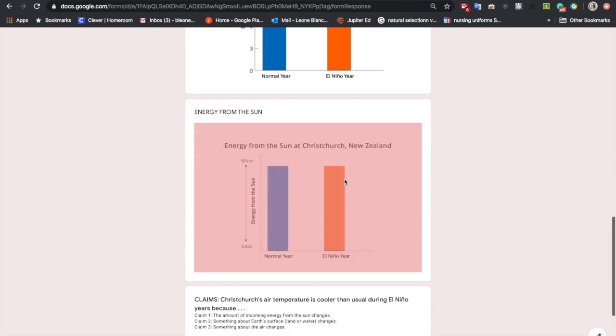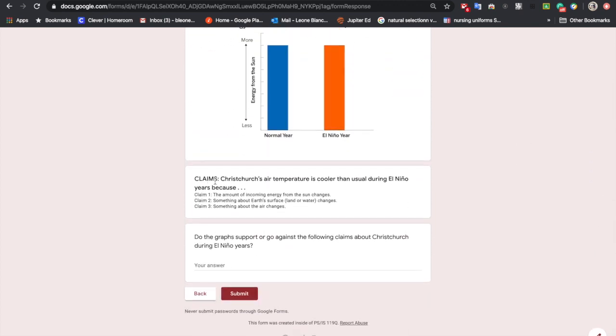So for today's assignment, make sure you can write 1 to 2 paragraphs and explain, do any of these graphs prove or support or go against any of the following claims?